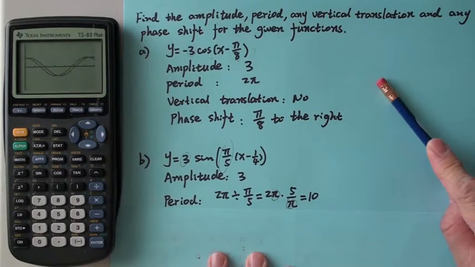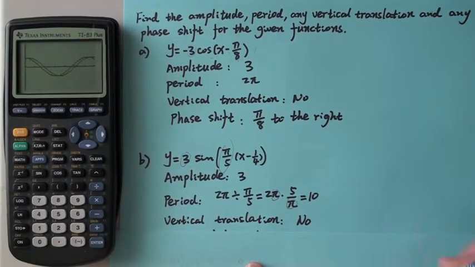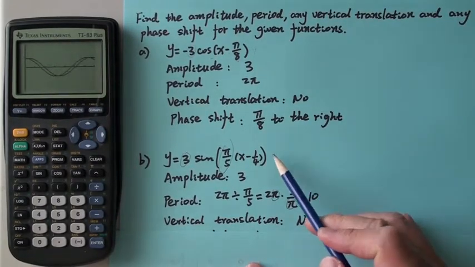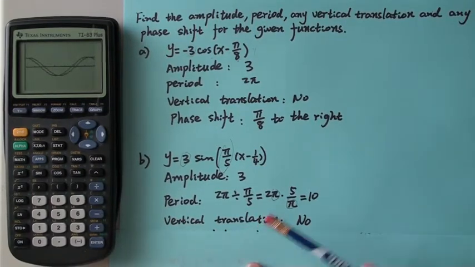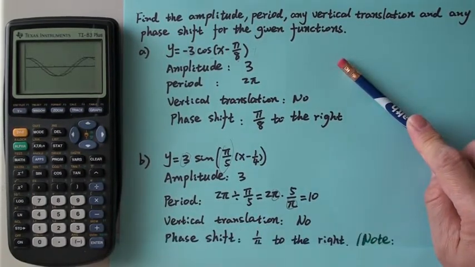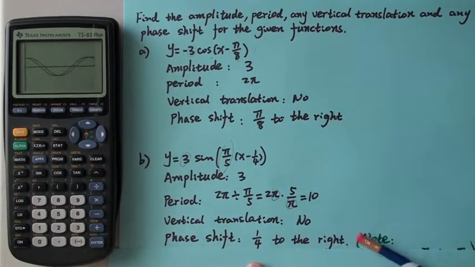For vertical translation, there is none, because again we didn't add or subtract any constants here. Now the phase shift is 1/4 to the right.